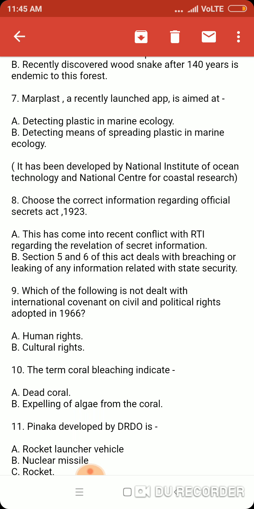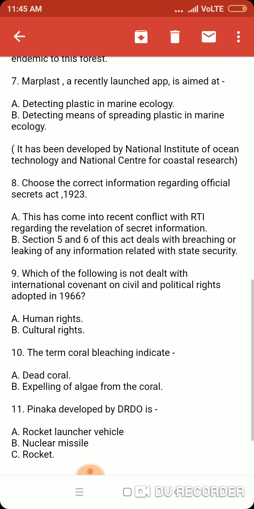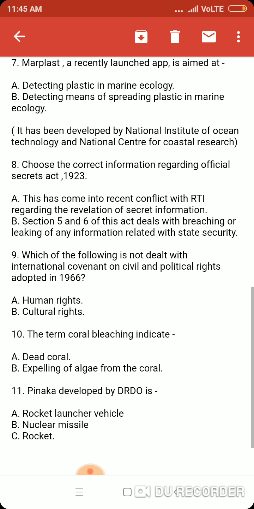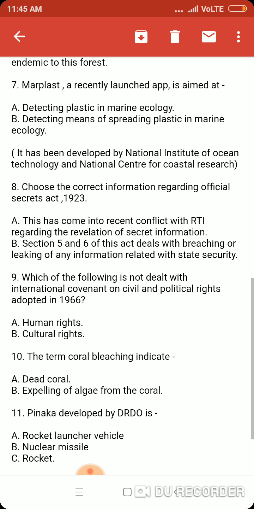Correct. Question number 7. Marplast, a recently launched app, is aimed at detecting plastic in marine ecology, and detecting means of spreading plastic in marine ecology. Both are correct. This app has been launched recently to keep a view on marine ecology.